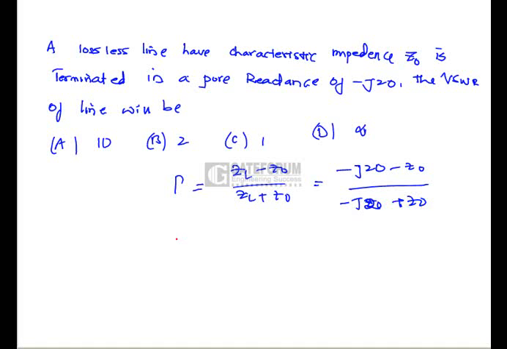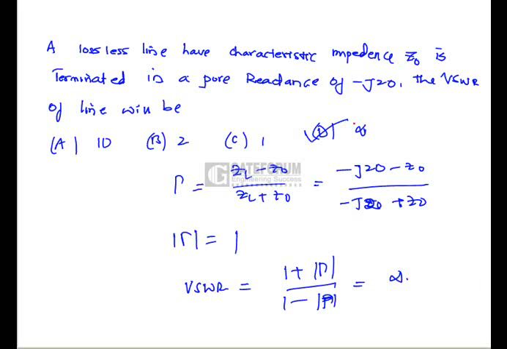The magnitude of gamma is equal to 1. That means VSWR, that is equal to (1 plus gamma) divided by (1 minus gamma). So the magnitude of the reflection coefficient is 1, means the VSWR is going to be infinite. Hence option D is correct.